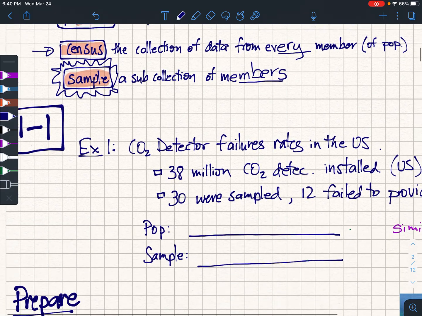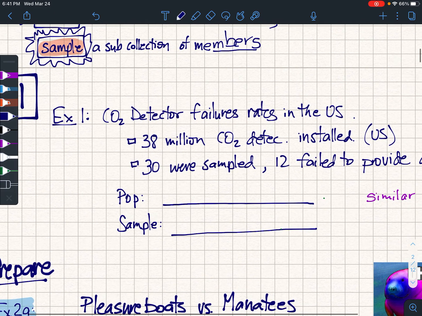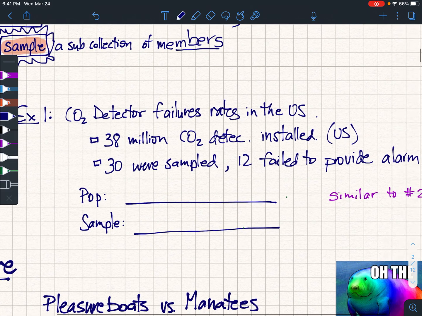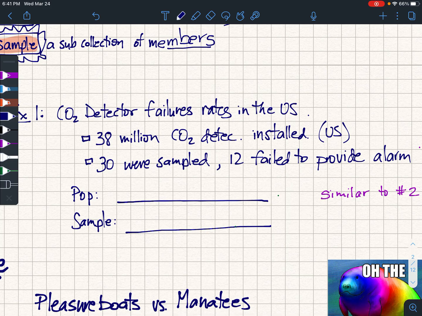Okay? Here's an example. CO detectors, carbon monoxide detectors, which are in every house or should be in every house. According to the book, they quoted a statistic, I don't know what year it was referenced, where there are 38 million CO detectors in the US.